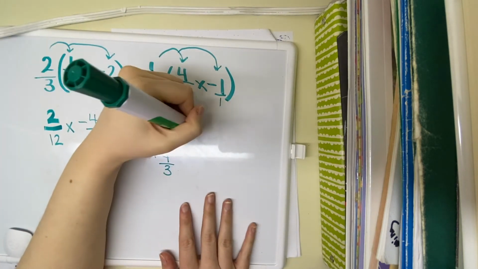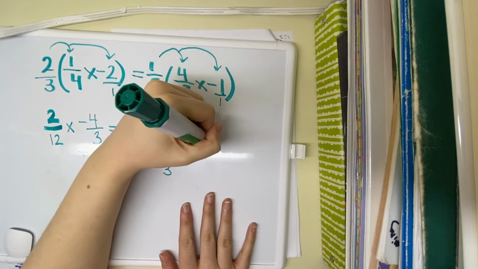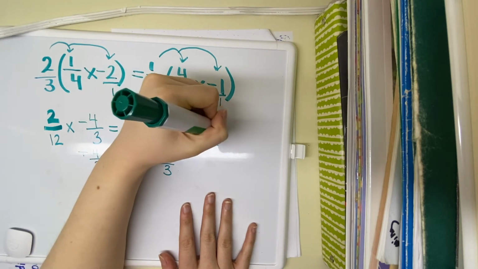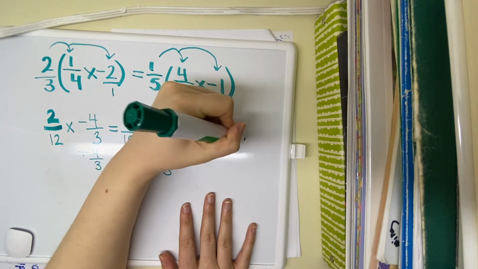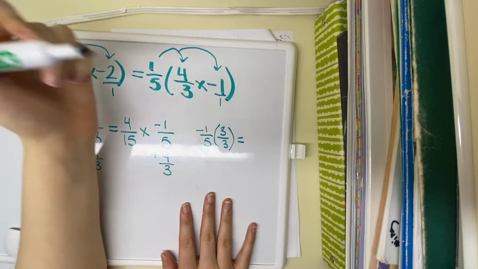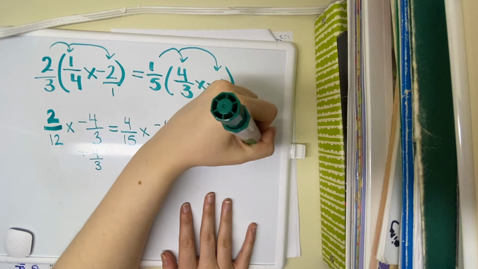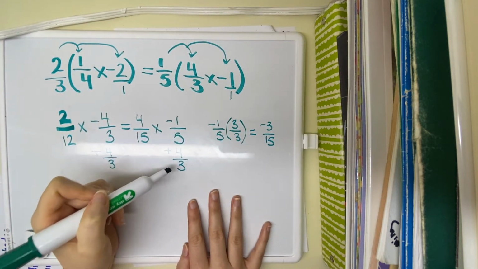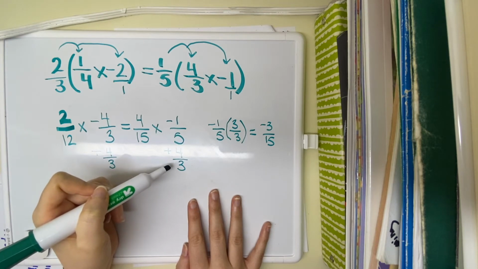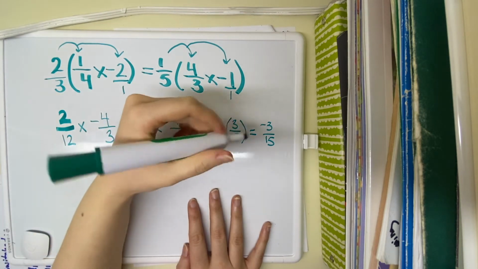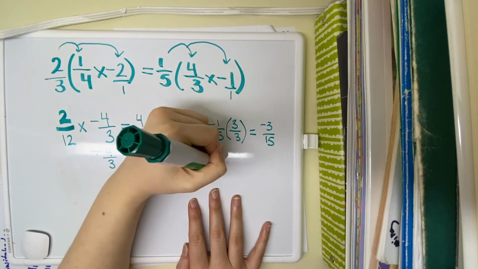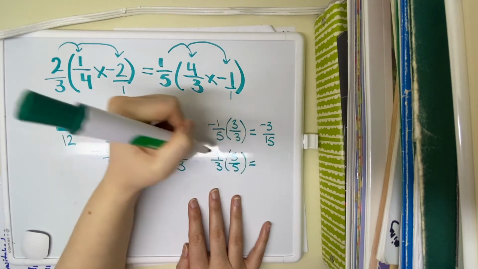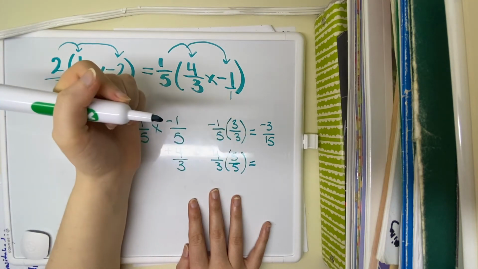So -1/5, if I multiply it by 3 over 3, I can get -3 over 15. And if I do the same thing with the 4/3, if I multiply that by 5 over 5, I can make that 20 over 15.